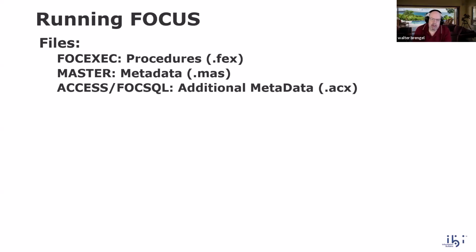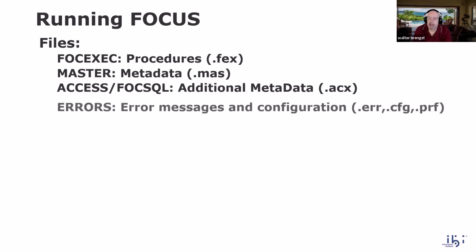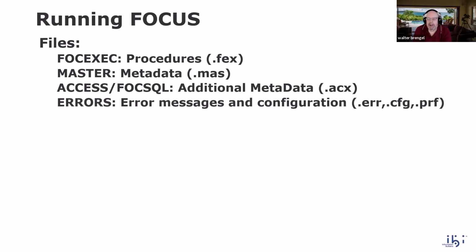So if it's a relational table, the column names that you're accessing would be in the master, but then the physical connection and table name would be in the access or FocSQL. Errors would contain all your error messages, and it could also contain configurations. So that would be your .err, your .cfg, and your .prf.